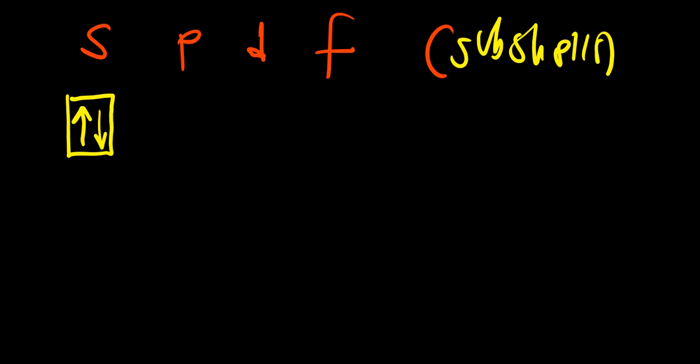So the S subshell has 1 orbital. Because it has 1 orbital, the maximum number of electrons that it can hold is 2. Then we've got the P subshell. It has 3 orbitals.